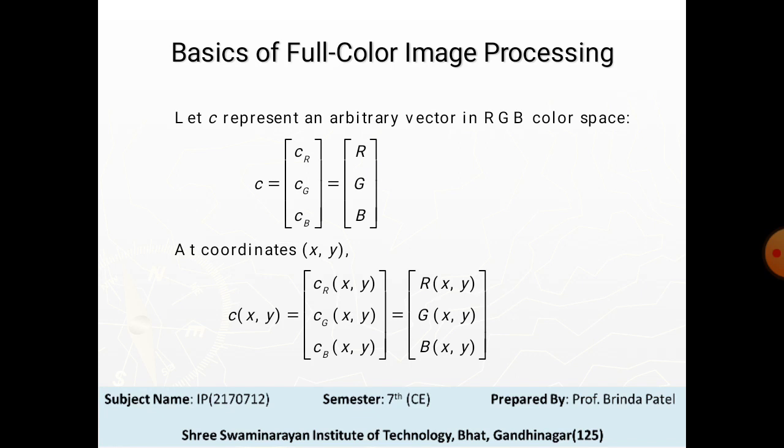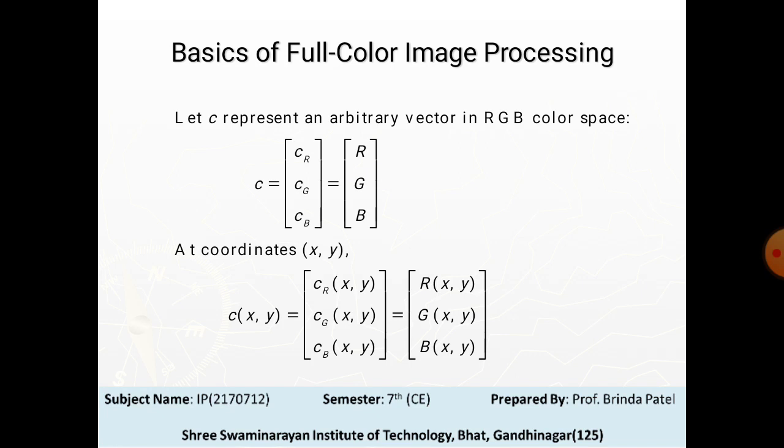Full color image processing approaches fall into two major categories. In the first category, we process each component image individually and then form a composite processed color image from the individually processed components. In the second category, we work with the color pixel directly.